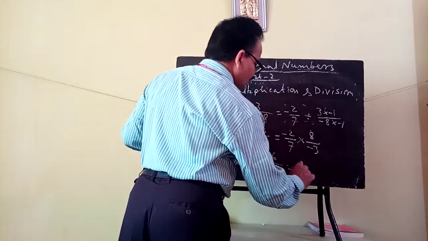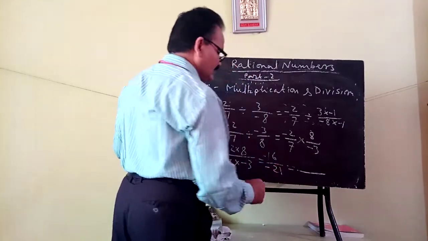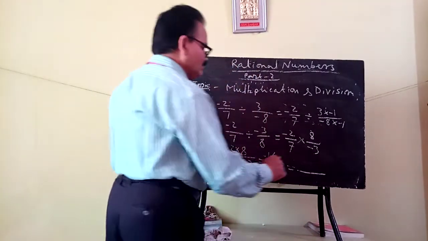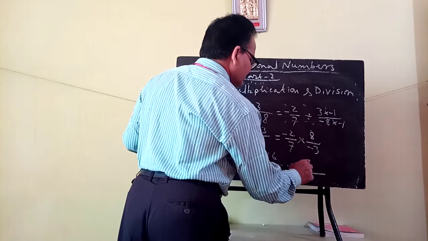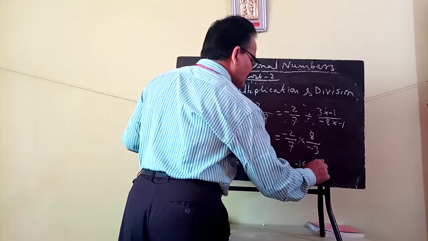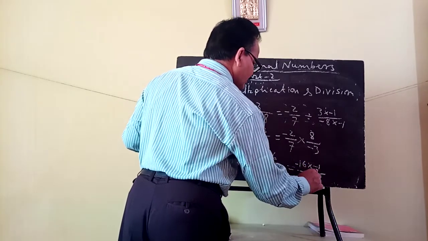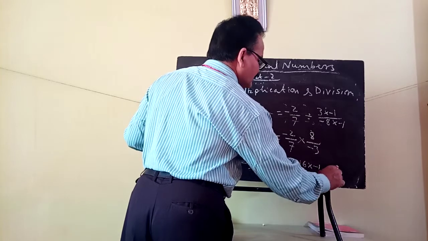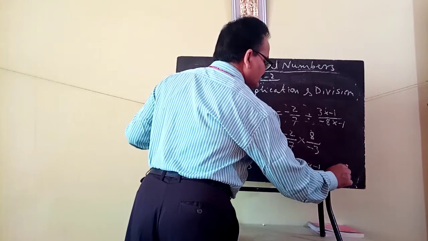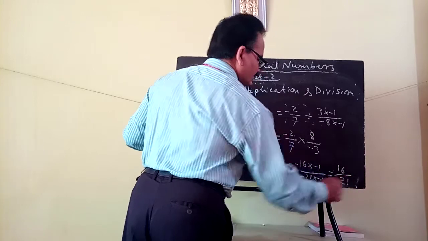Again you multiply by -1 in both numerator and denominator, so this is 16/21.